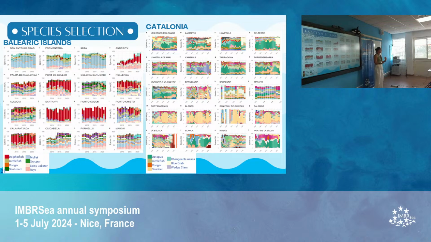You're seeing more degradation along the Catalan coast than in the Balearic Islands, because in the Balearics the fishers are more involved and their fishery is more diverse, whereas in Catalonia a large percent is made up of only a few species.